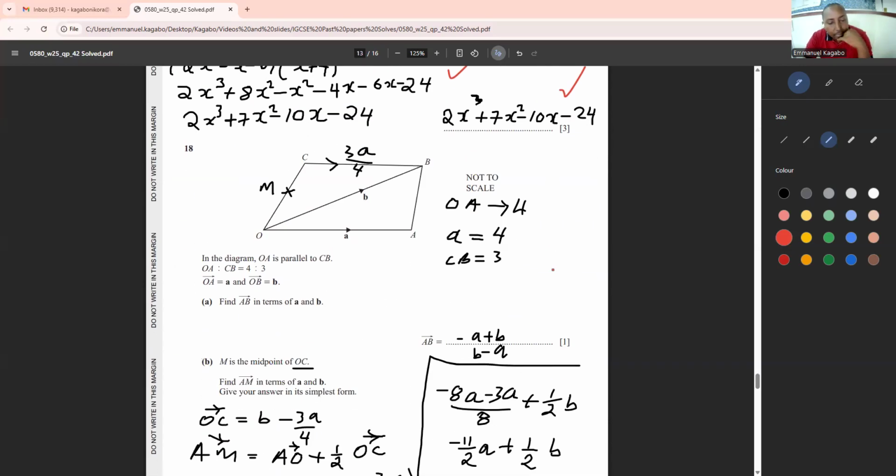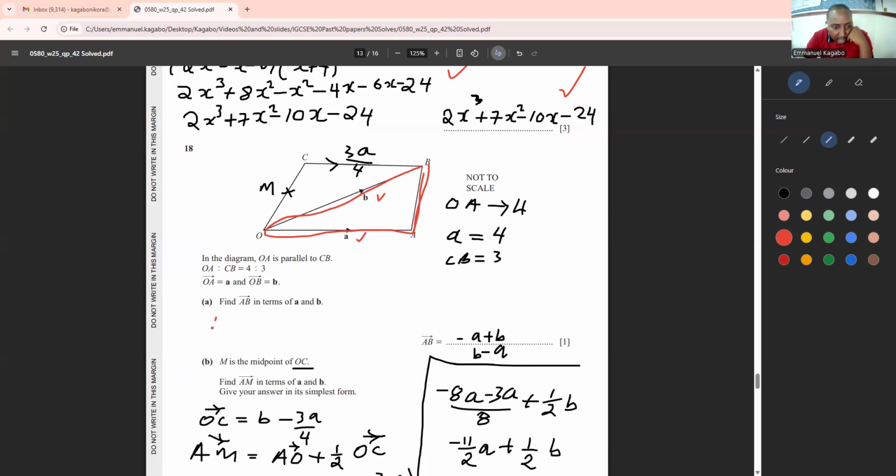Question 17. You have a parallelogram where this is A and this is B, and OA and CB are in the ratio of that. OA is A, OB is B. Find AB. You are looking for that.